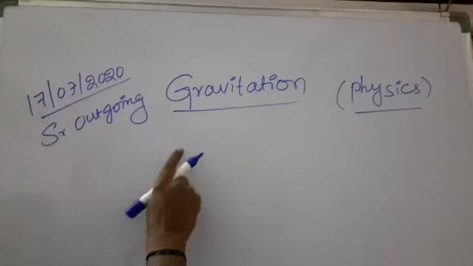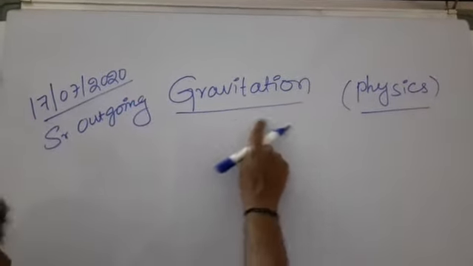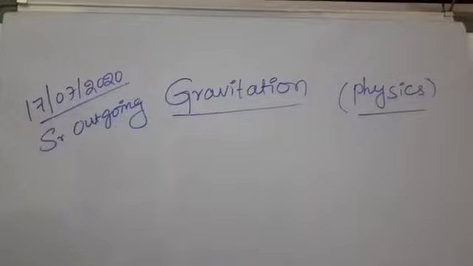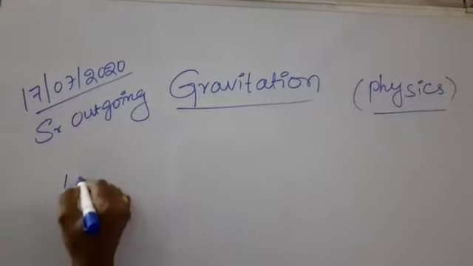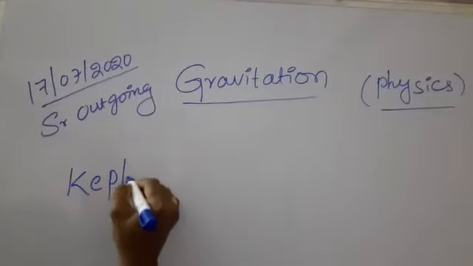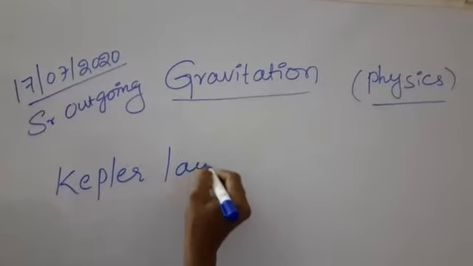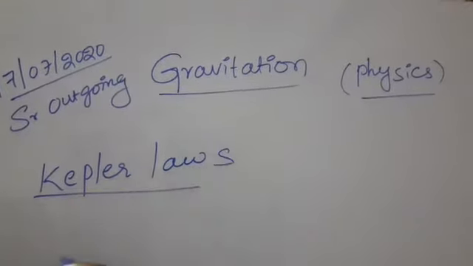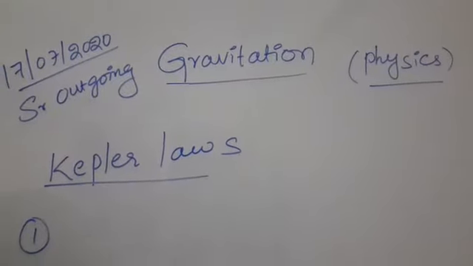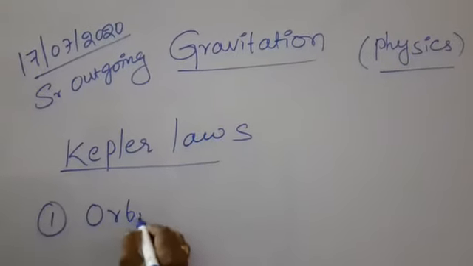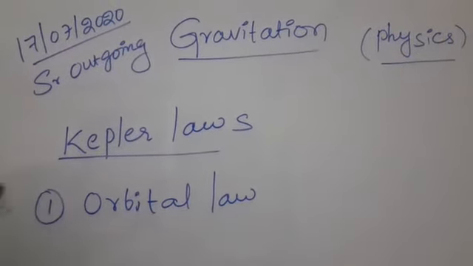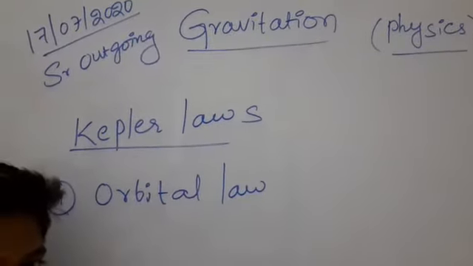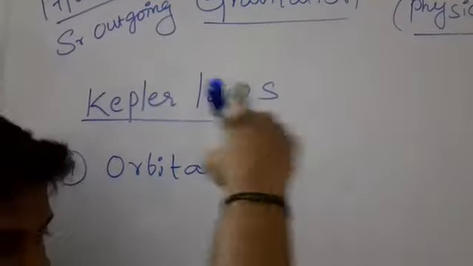So today's topic is gravitation. In gravitation, first, what are Kepler's laws? Kepler's first law, the orbital law: every planet revolves around the sun in an elliptical orbit.